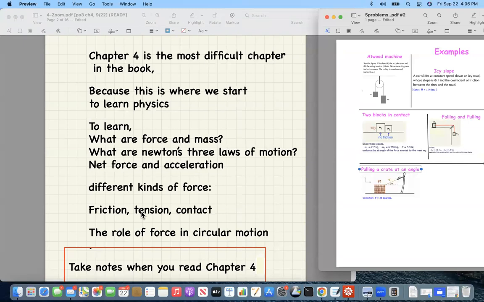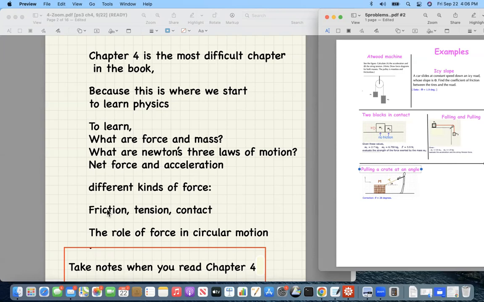Not quite that simple. The contact force, the normal force, is a push. Tension force, the force exerted by a string which is tied to an object, that's a pull. If I tie something to a mass, I can pull it. I can't push it. You can't push something with a string. You can only pull it.